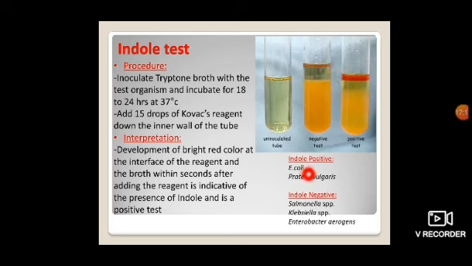So by observing the indole test, if the indole test is positive, it means the presence of E. coli and Proteus vulgaris type of microorganism, and if the indole test is negative, then Salmonella species, Klebsiella species and Enterobacter type of species are present in that sample. So this is the indole test.